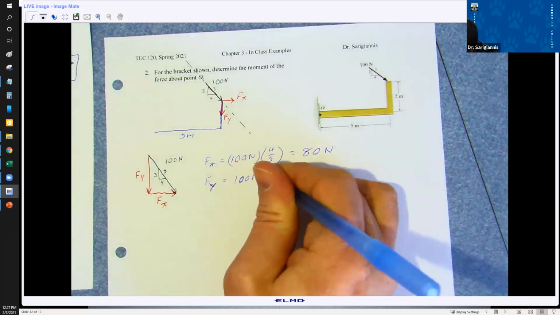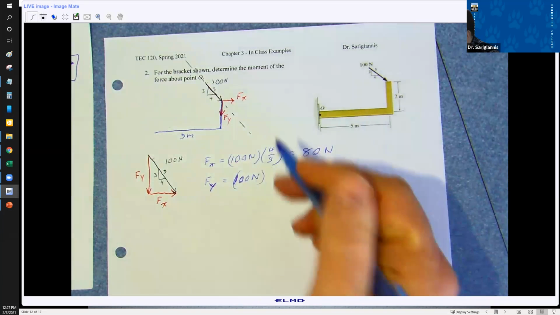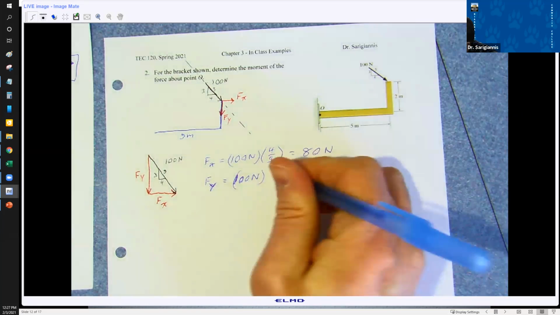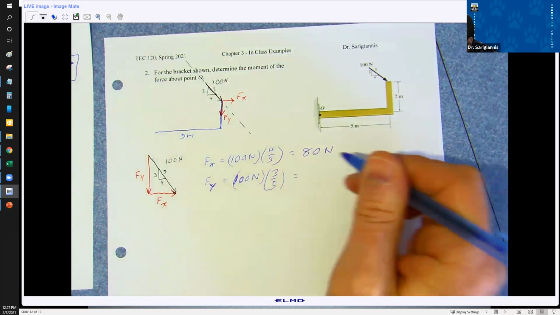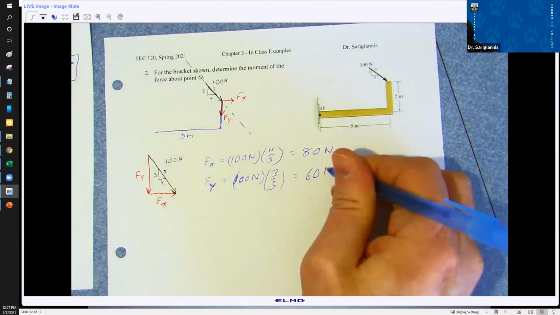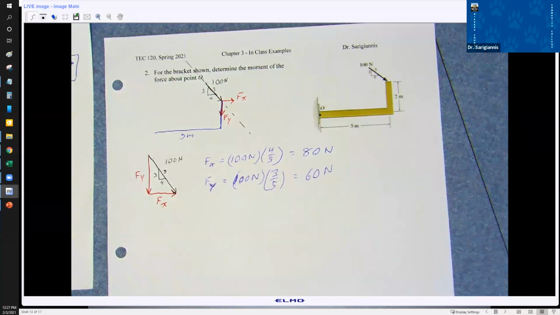And remember, never assume a diagram is to scale unless it tells you it's to scale. That's 100 newtons times 3/5. This gives us 60 newtons. So now we have two components of force, x and y, right?